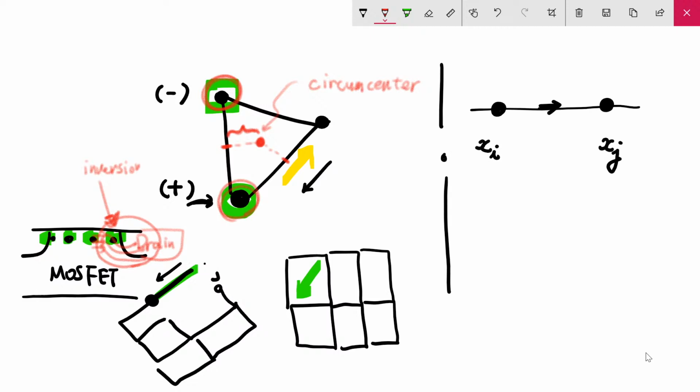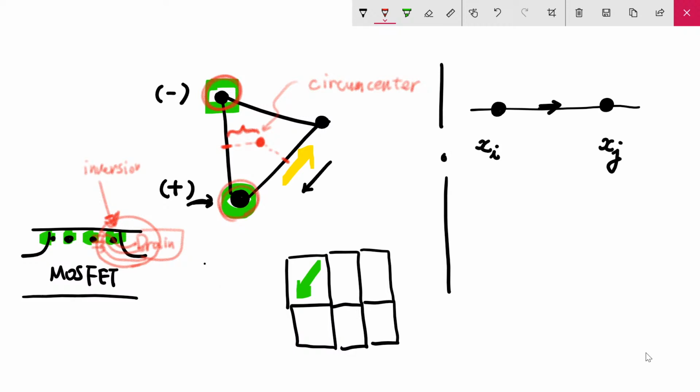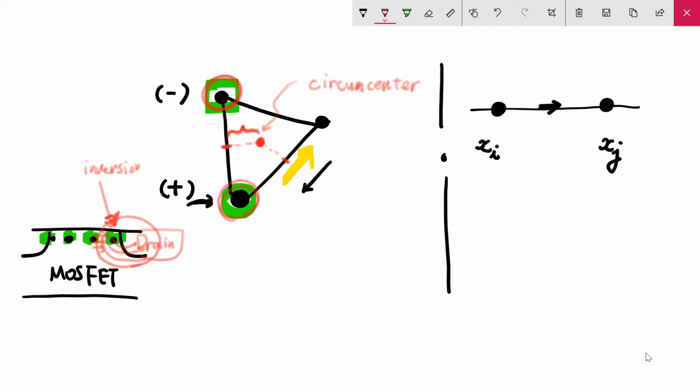Of course, the pioneers in this field, computational microelectronics, worried about that situation, so they tried to introduce a certain capability like adaptive mesh.